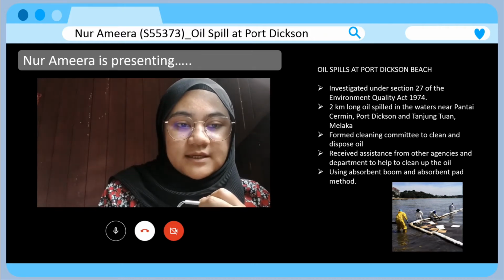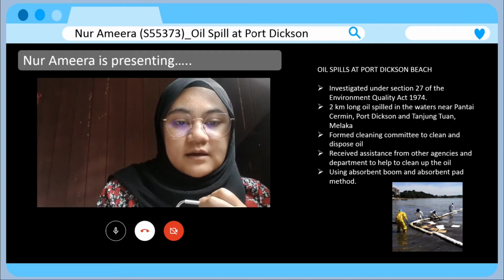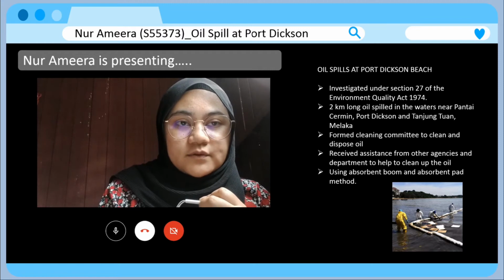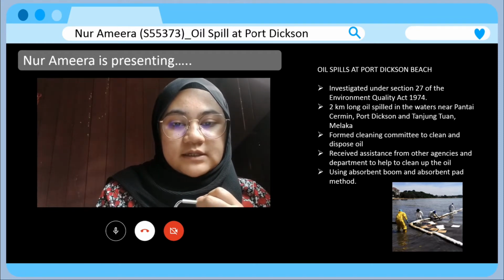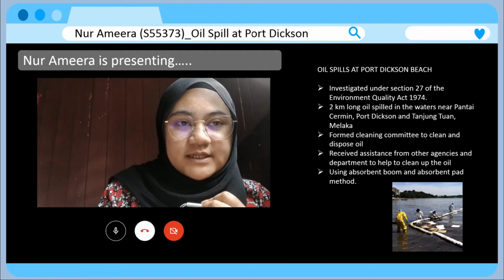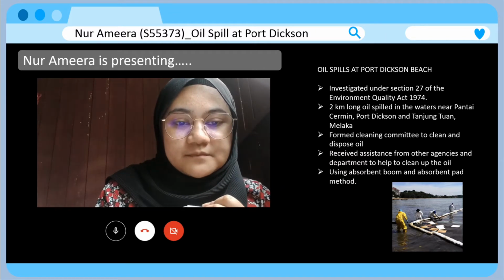This has been stated by Datuk Seri Tuan Ibrahim Tuan Man, Minister of Water and Environment. The oil spill is 2 kilometer long near Pantai Cermin Port Dickson and Tanjung Tuan, Melaka.